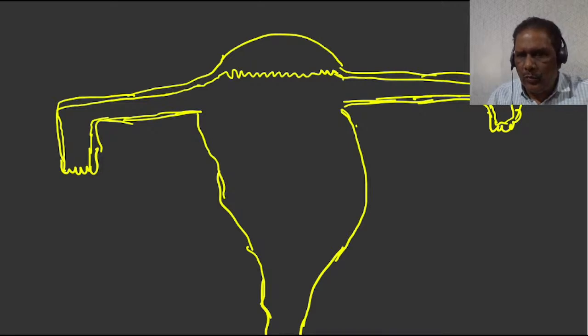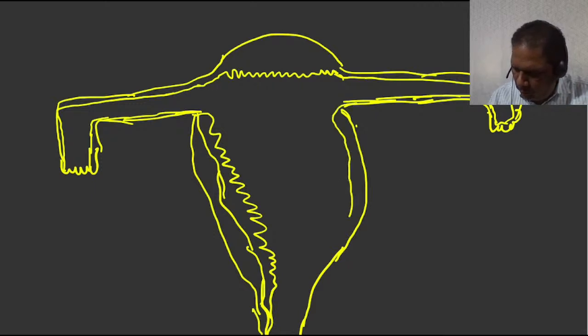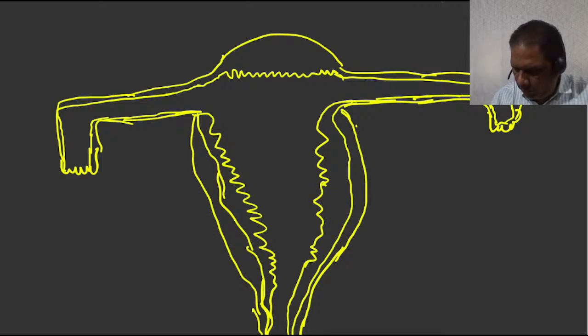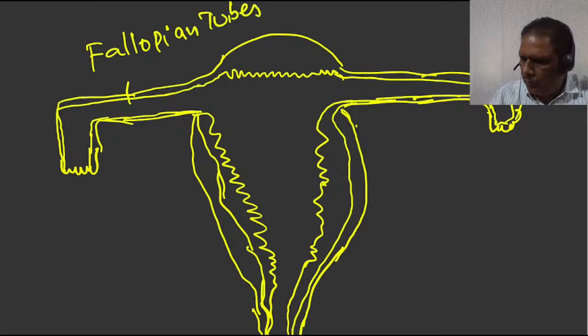So this is the fallopian tubes. This part is infundibulum.